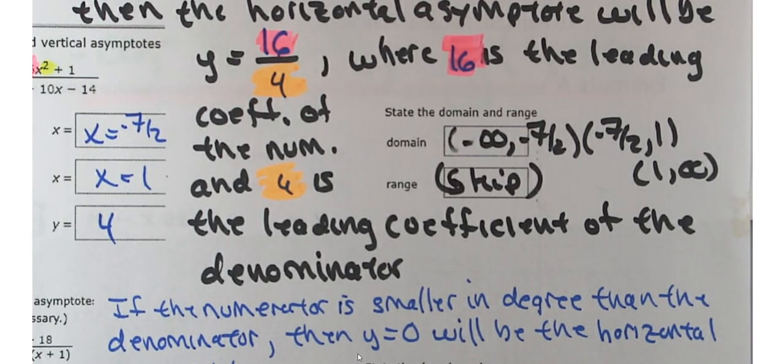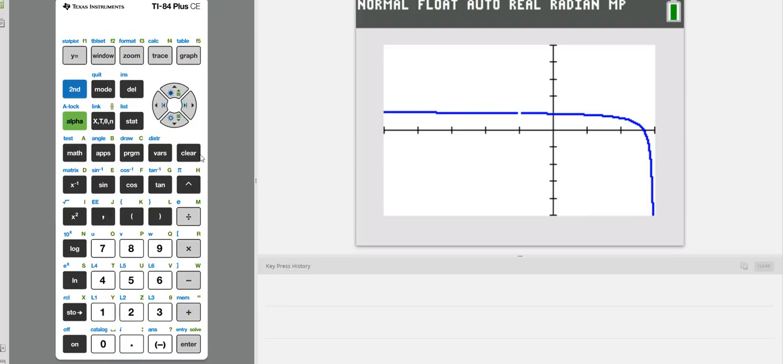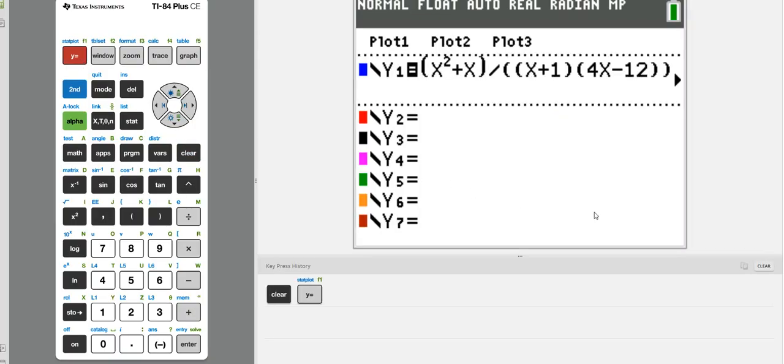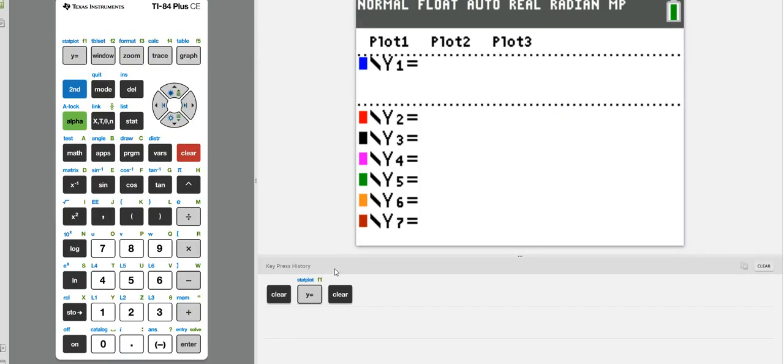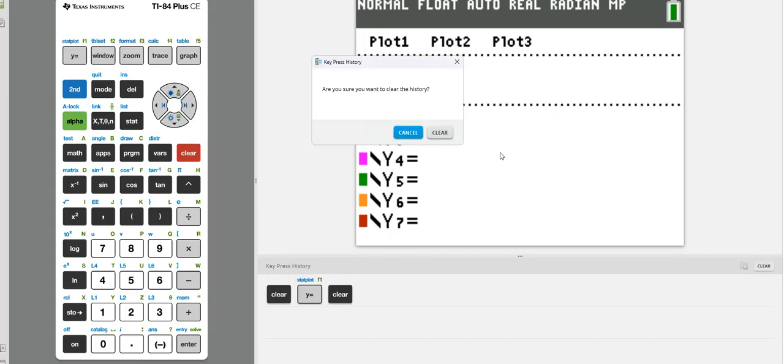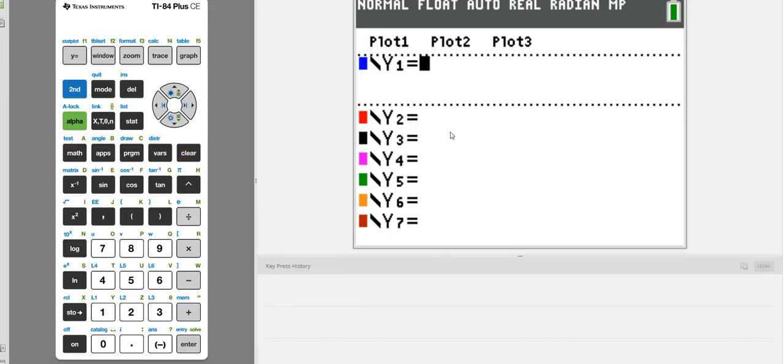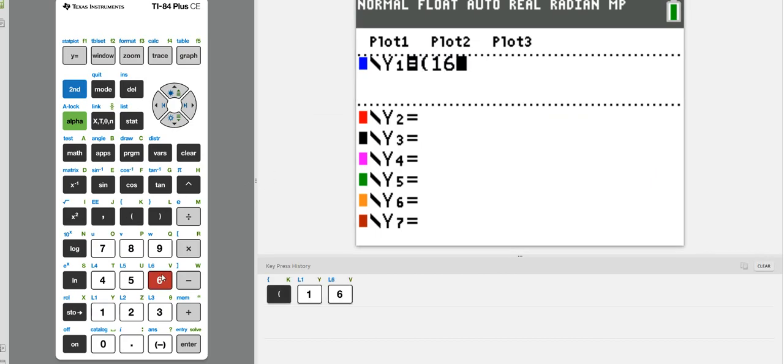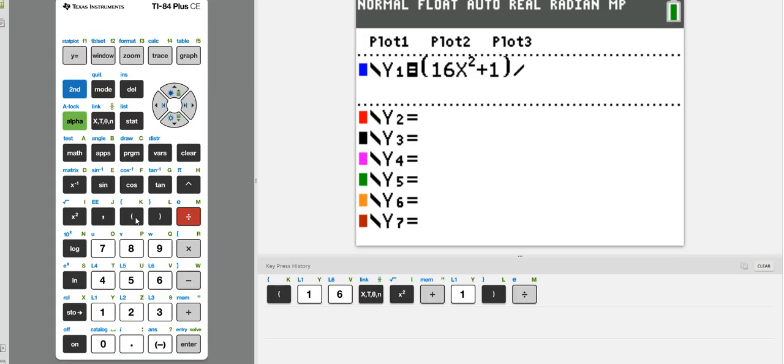Okay, so let's see here. I'll give you a couple different options to put in the function here. So I'm just going to clear out what we have here. Now the one that all of you can do would be this: we're going to put parentheses around the numerator, 16x squared plus 1, divided by, and they need parentheses.